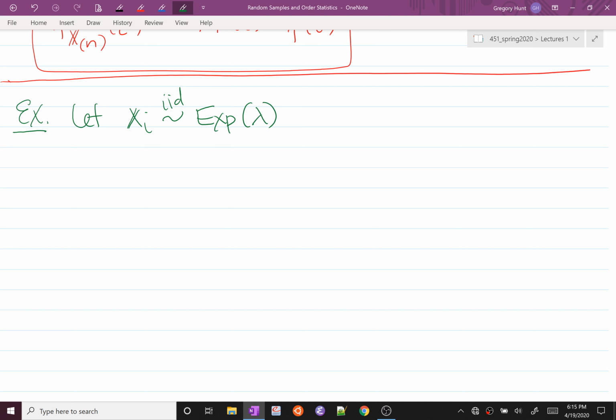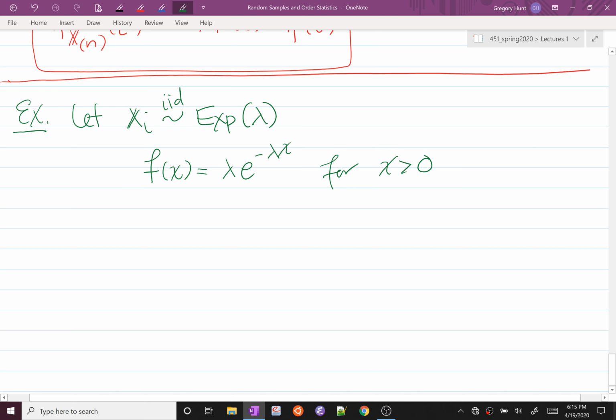And if we recall, this means that the PDF has the form lambda e to the negative lambda x, for positive x, and it's 0 otherwise. And the CDF we get through some integration is just 1 minus e to the negative lambda x.